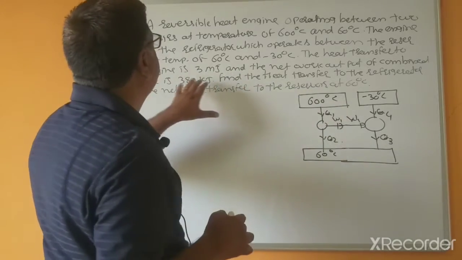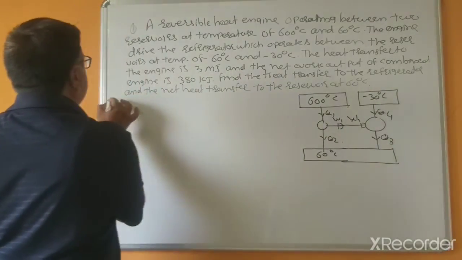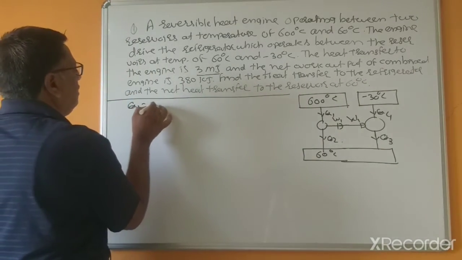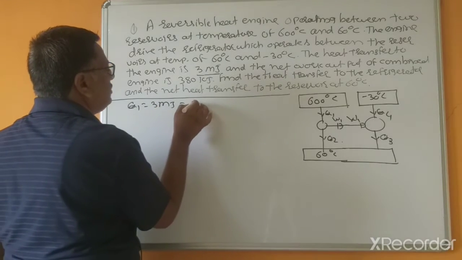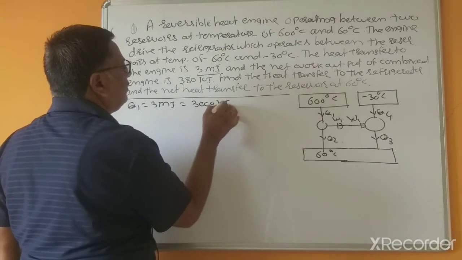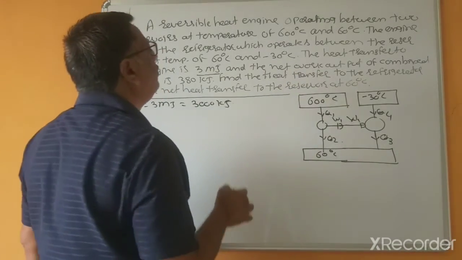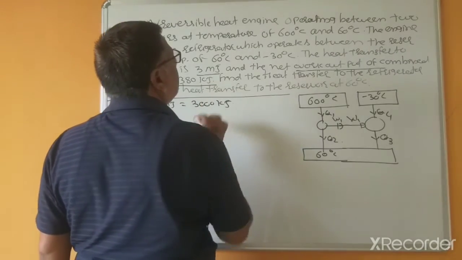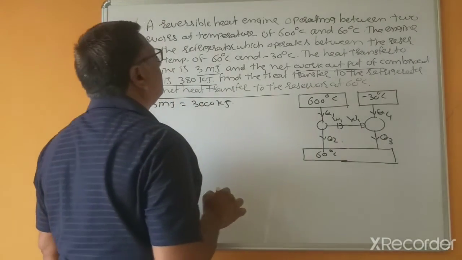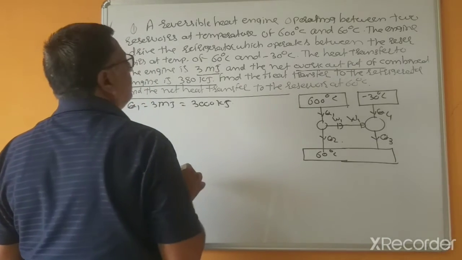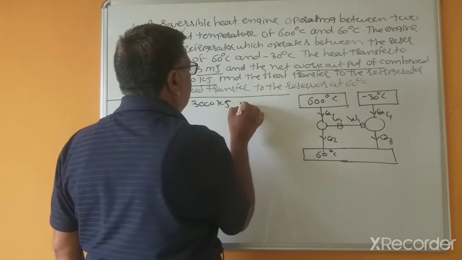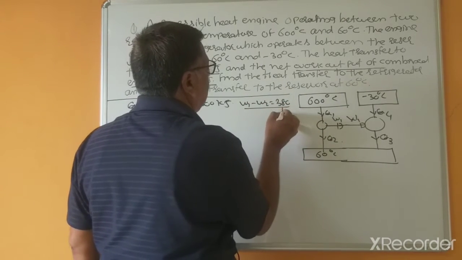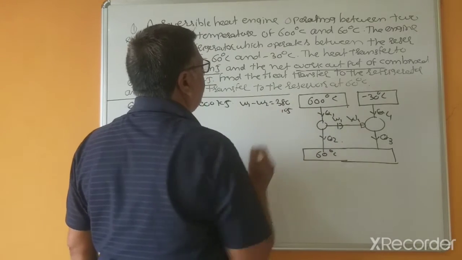The heat transfer to the engine is 3 megajoule. So what is given? Q1 equal to 3 megajoule, which is 3000 kilojoule, and the net work output of the combined engine, W1 minus W2, equal to 380 kilojoule. This is also given.